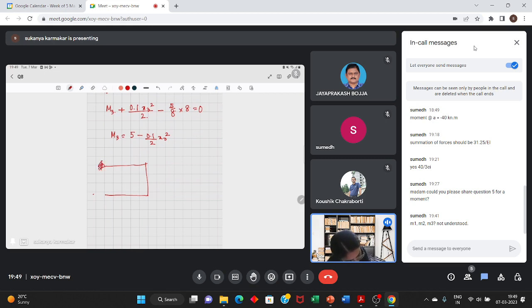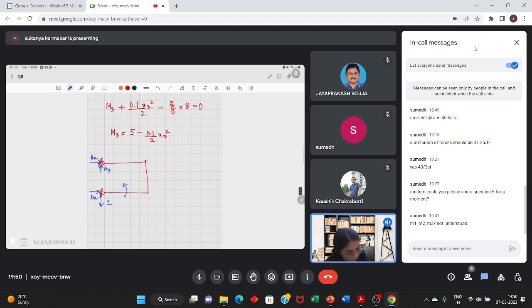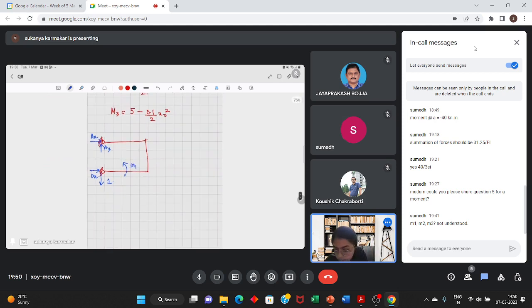Under this external loading, first I'll calculate the support reaction. This being dx, this is ax, this is ay. Let me use a different nomenclature here: let this be small m1, small m2, small m3. Here we can see ay is equal to 1.